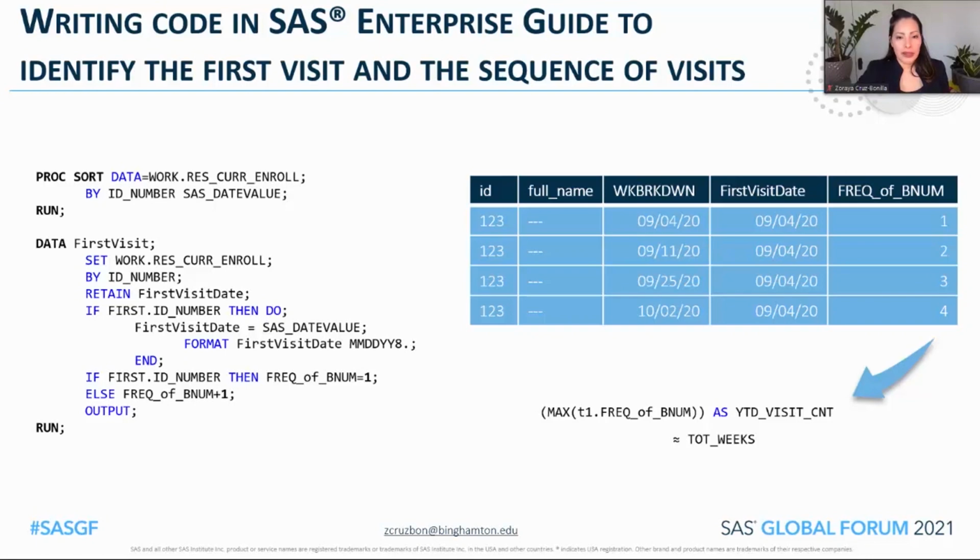It is then possible to filter by the maximum value of FREQ of BNUM to show the year-to-date visit count per student, which would essentially yield the same result as the previous data step, where we created TOTE weeks.